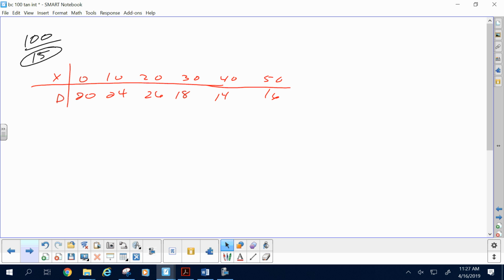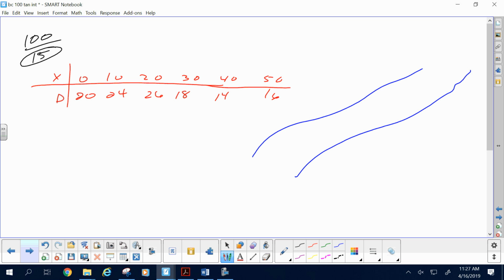So, sure. This is a real life application of cross sections. The distance across the river at different points along the river from the bridge is given below. The shape of the cross sections is roughly semicircular. Estimate the volume of the water in the river using a left sum. So let's look at this as x of 0.